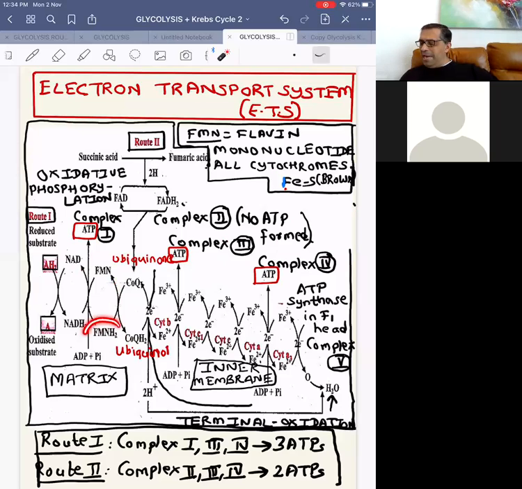Now FMNH2 gives away the hydrogen and gets oxidized back to FMN.